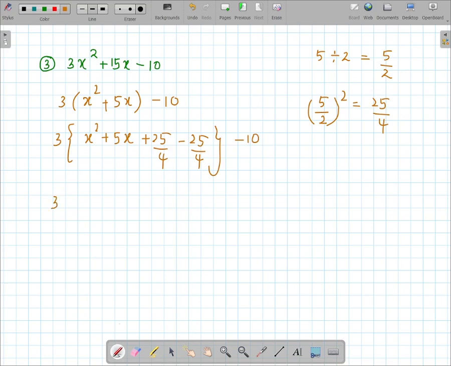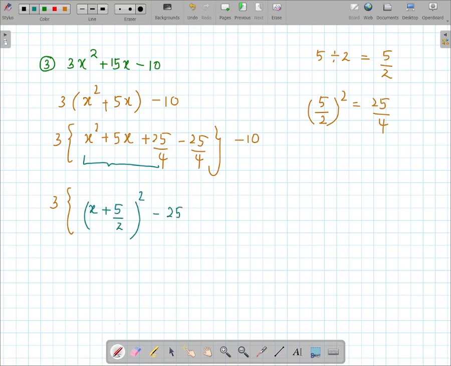Then 3, open bracket. Then if you consider the first three terms, this is a complete square. How do you write this complete square? We get the variable, that is x, and we go to the linear term and take the coefficient with the sign. So that is plus 5 over 2, (x plus 5 over 2) whole thing to the power 2. This is the complete square. Then what is remaining?